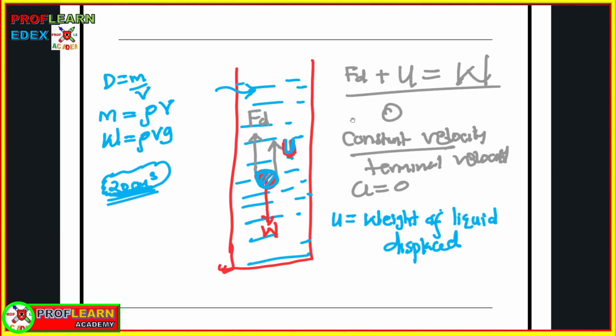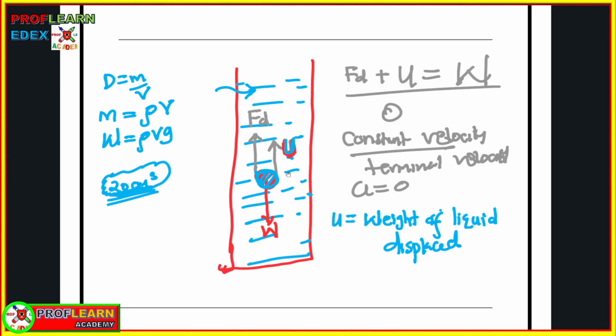Upthrust force. If an object is moving at terminal velocity, you need to understand that terminal velocity is the constant maximum velocity attained by an object when it's moving through a fluid.